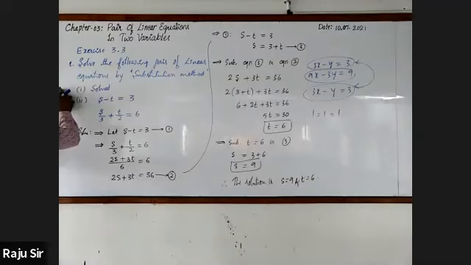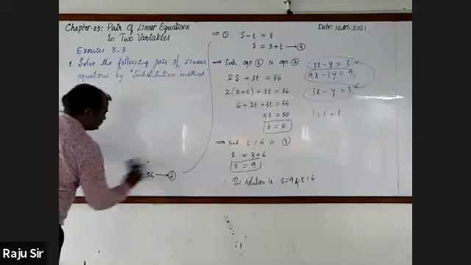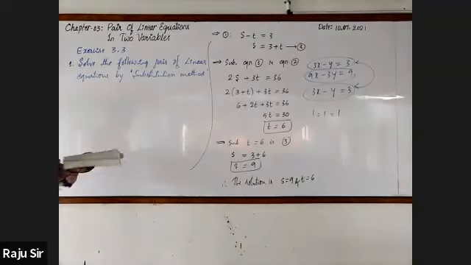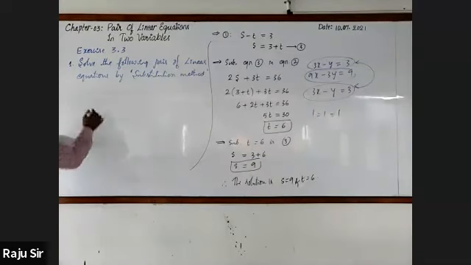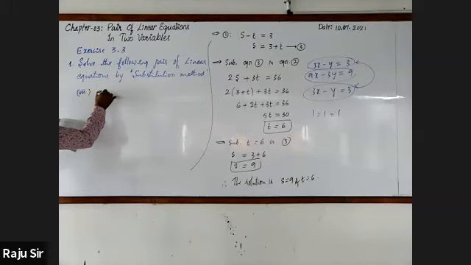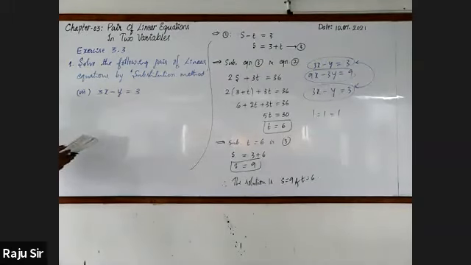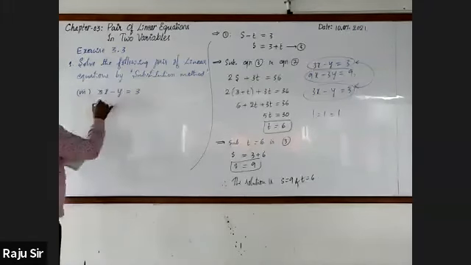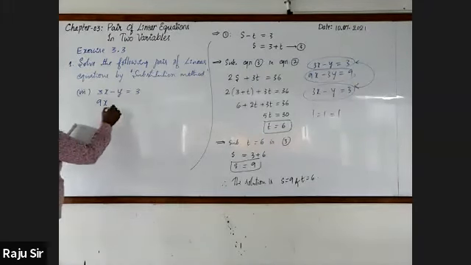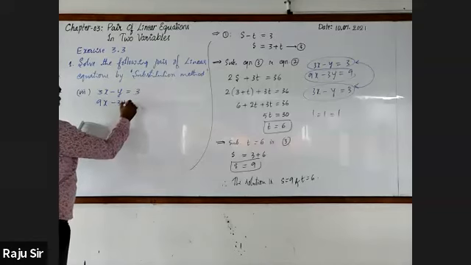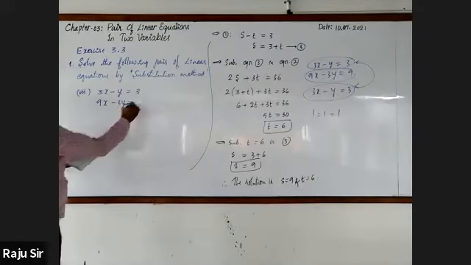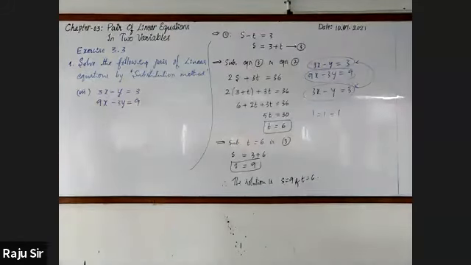The third equation is 3x minus y is equal to 3, and 9x minus 3y is equal to 9.